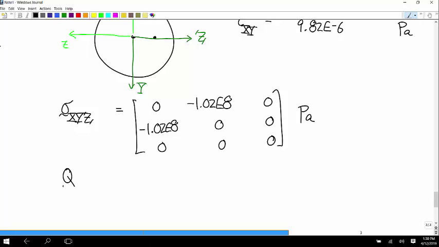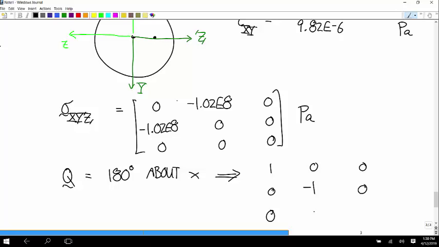A rotation matrix is 180 degrees about the x-axis, which is 1, 0, 0, then 0, negative 1, 0, then 0, 0, negative 1.